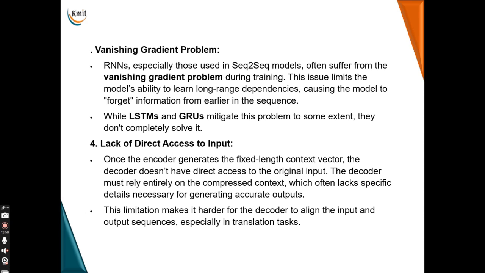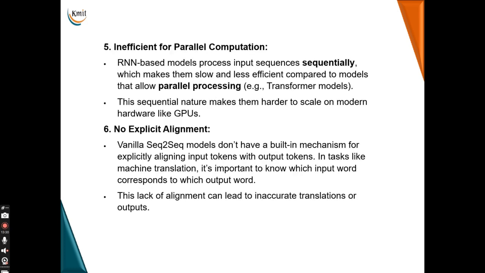LSTM and GRU help the model with forgetting relevancies and relations, but they are not completely solving the problem. And the decoder, whenever it decodes the output tokens, has access only to the context vector generated by the encoder. It doesn't have direct access to the input parameters. This is one significant drawback.